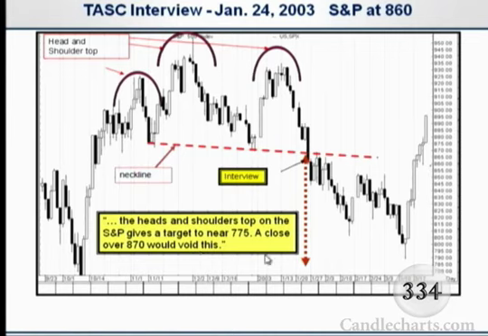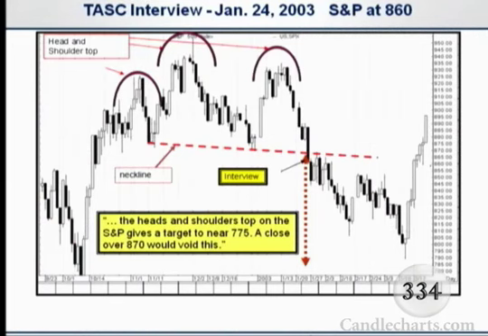This is 2003 here. But back here, there were a series of bullish engulfing patterns on the daily chart around 775. That's where I got that. The target was actually 787. I nudged it a little bit. So we had a target around 775 on the interview day, on January 24th. And the target was based exclusively on Western technicals.